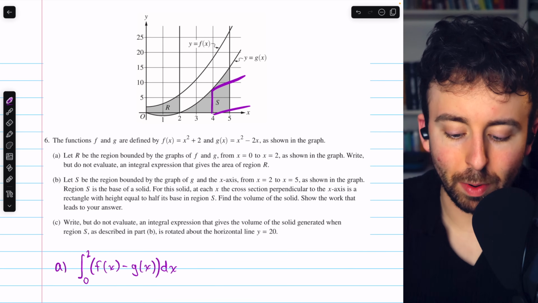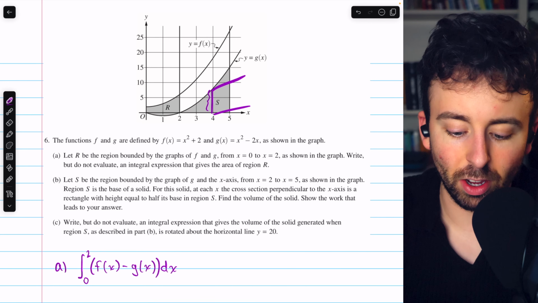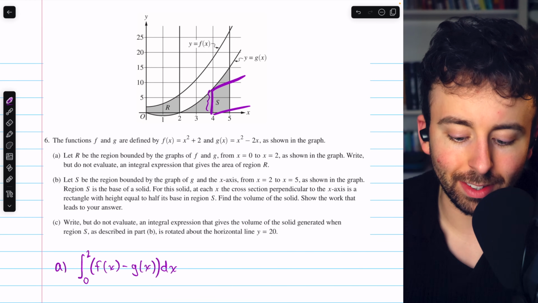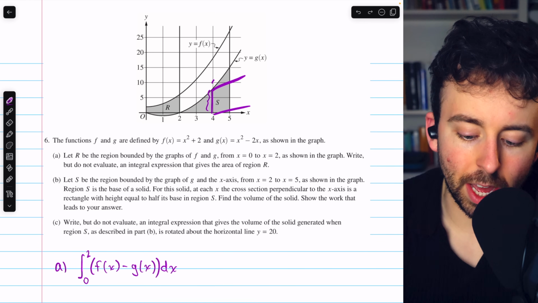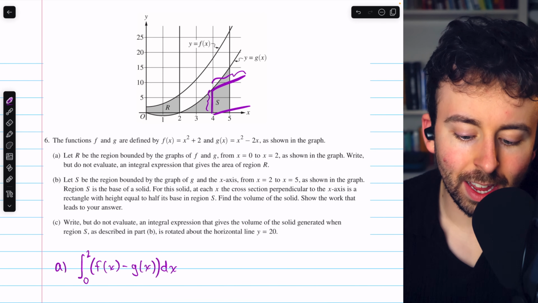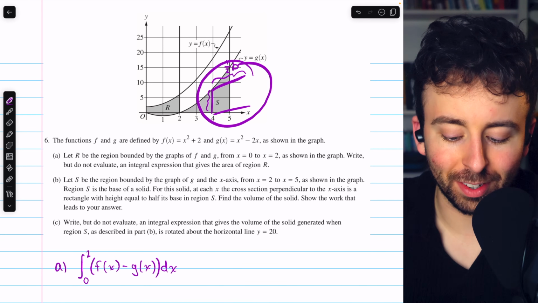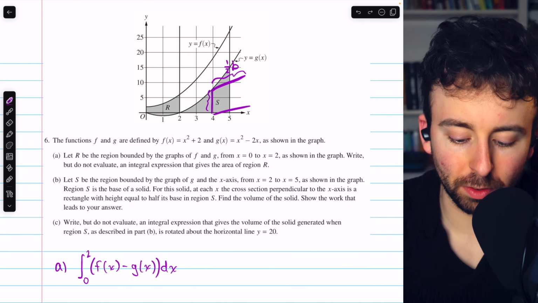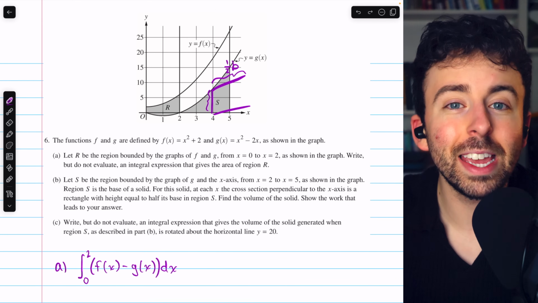The base of the rectangle, of course, lies in the region S, and so the length of a base at a given x value would just be the corresponding y value. That would be the length of the base. The height, on the other hand, as the question says, is 1/2 of the base. So this drawing is not quite to scale, but that's how it works. Here's the base, and the height of a rectangle at any cross-section will be half the base.